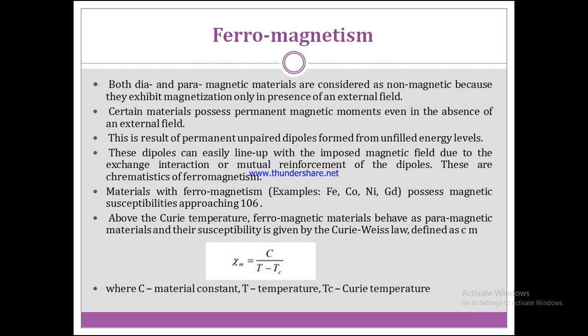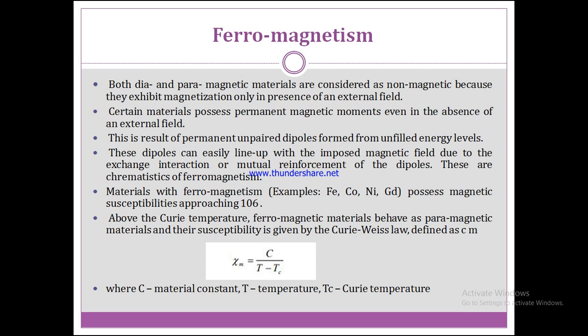This is the result of permanent unpaired dipoles formed from unfilled energy levels. These dipoles can easily line up with an imposed magnetic field due to exchange interactions or mutual reinforcement of the dipoles. These are the schematics of ferromagnetism.